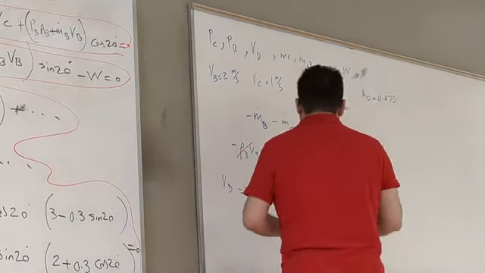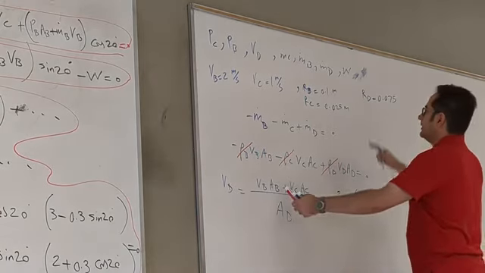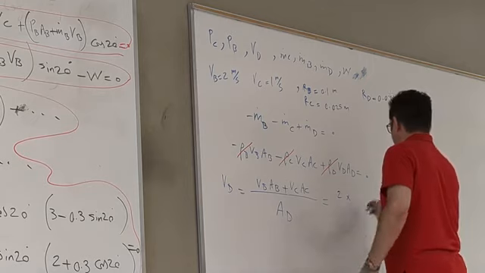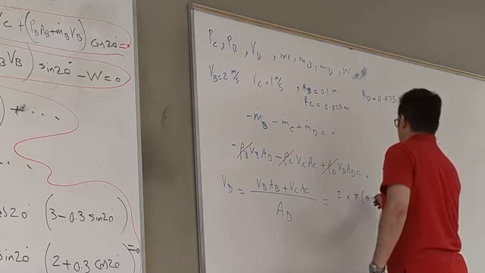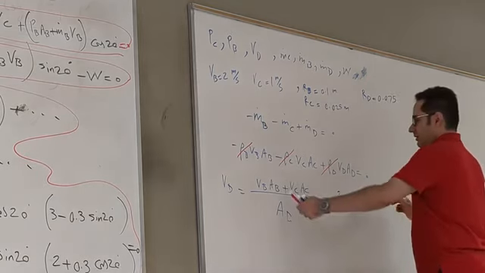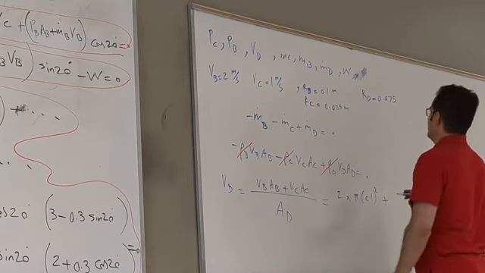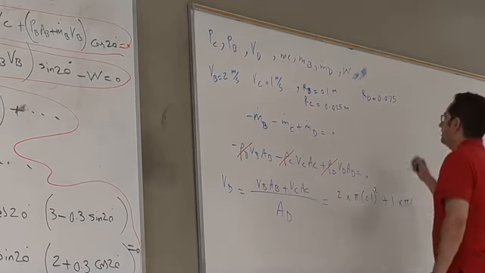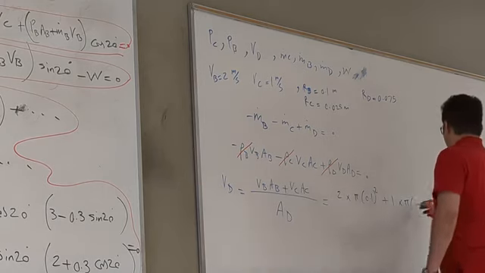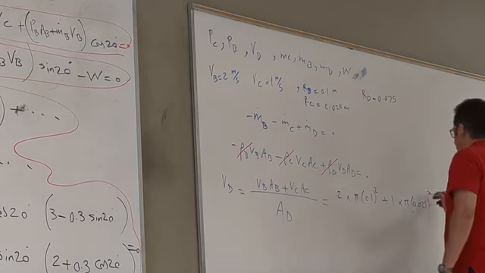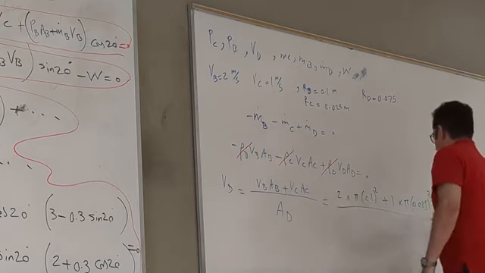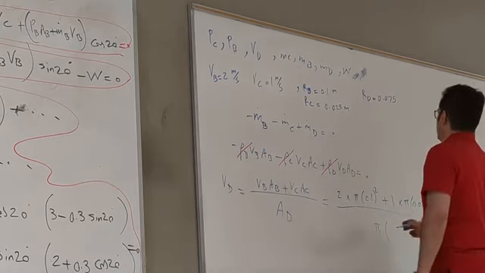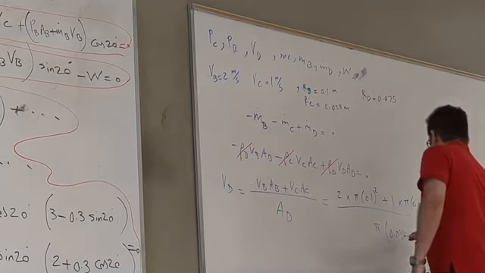Alright, so plug in the numbers here. So you have 2 times pi 0.1 squared plus VC 1 times pi RC squared divided by pi times RD squared.